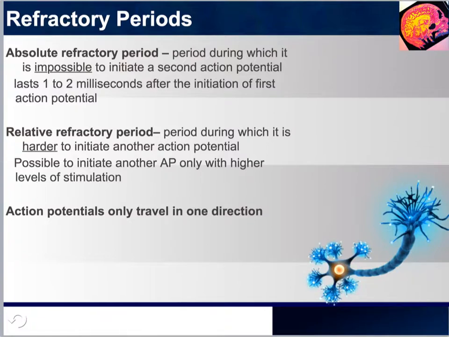And this lasts between 1 to 2 milliseconds after the initiation of the first action potential. Relative refractory period is a period in which it is more difficult to initiate another action potential. We know and recognize now that although it is difficult, it is possible to initiate another one, but we would require higher levels of stimulation, meaning that the EPSP would need to be more intense or larger.